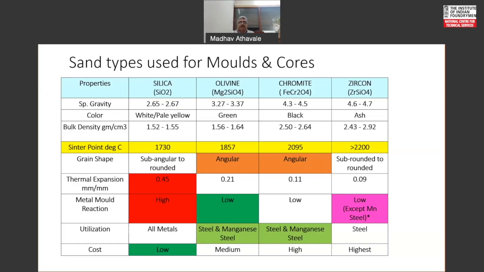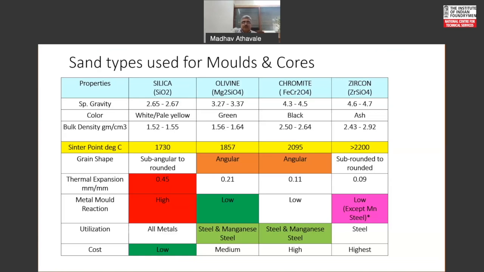Another thing that we should remember is both olivine and chromite are sort of manufactured sand. They are crushed from the stones, or sometimes you may find deposits. Silica also, naturally occurring silica sand, or one may use, especially in steel foundries, I have sometimes seen people using crushed quartz, which is the purest form of silica.